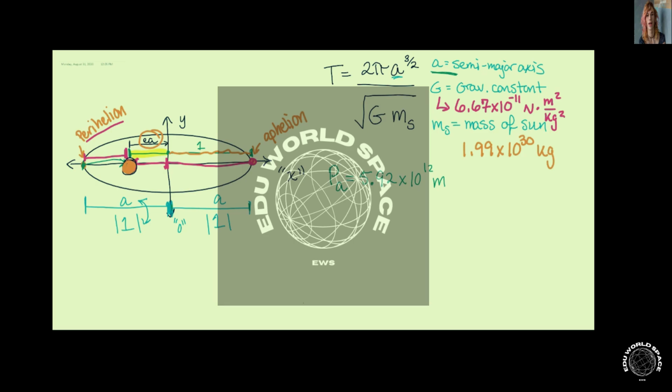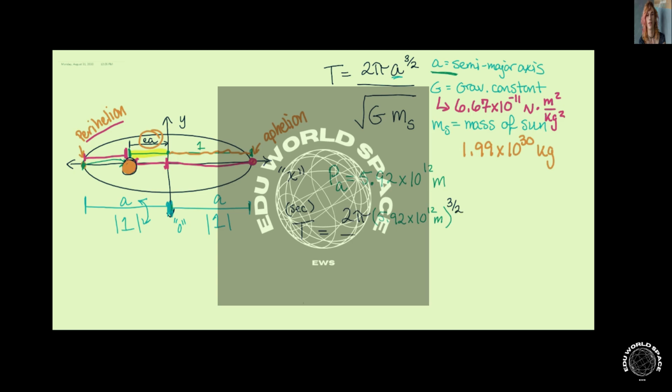Sound good? Once we have all of our variables, we can just plug it in. So we have our period, which is going to be in seconds, equal to 2 pi times our semi-major axis, 5.92 times 10 to the 12th meters, to the 3/2.